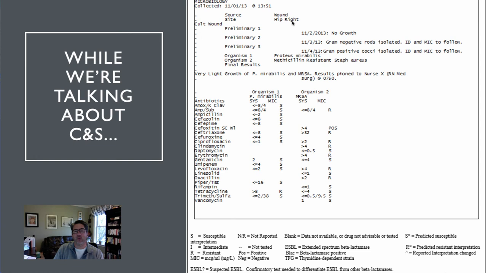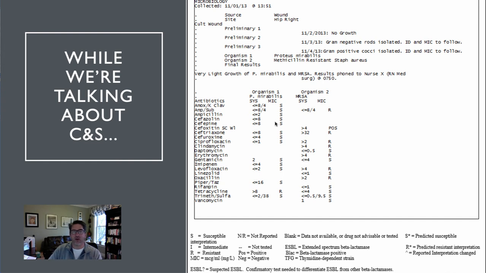The site is the right hip. And we have preliminary results at 1 day, preliminary results at 2 days, and preliminary results at 3 days. And then finally, in the final results, they've identified 2 organisms. They've identified Proteus, which they call organism 1, and list all the sensitivities here. And then they've found MRSA, which they've listed as organism 2.